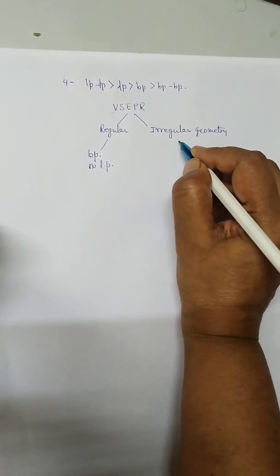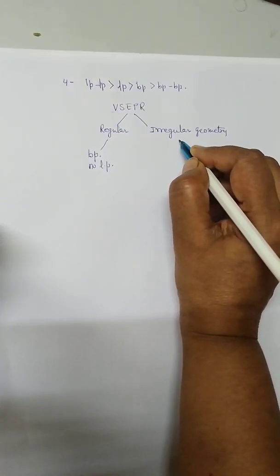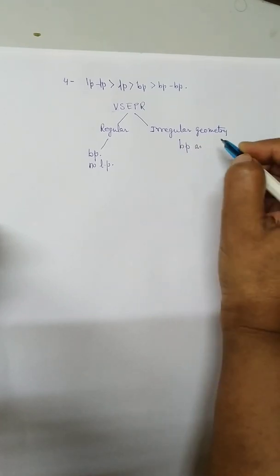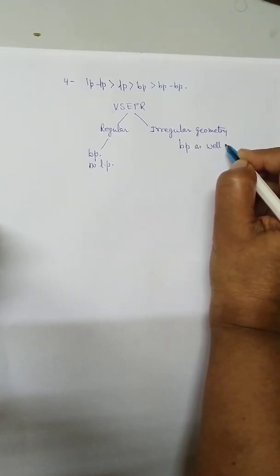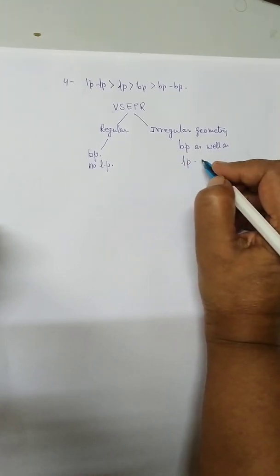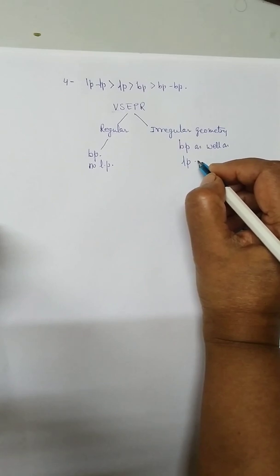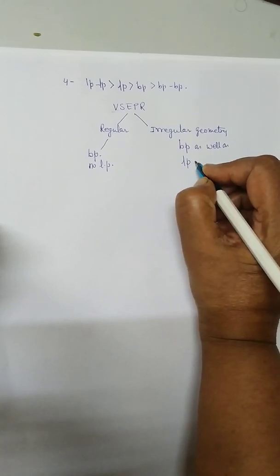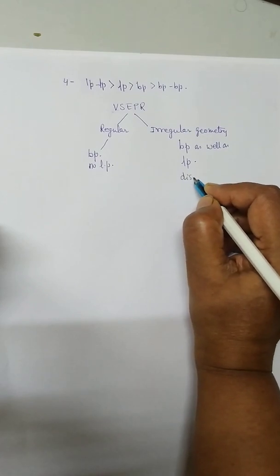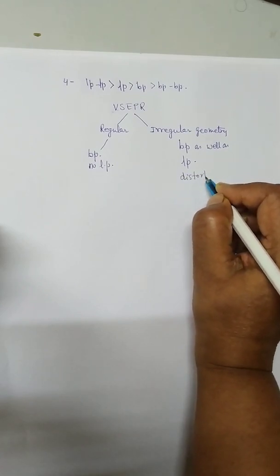But irregular geometry is because bond pairs as well as lone pairs are present around the central atom. So they have an irregular geometry, or we can call it distorted geometry.